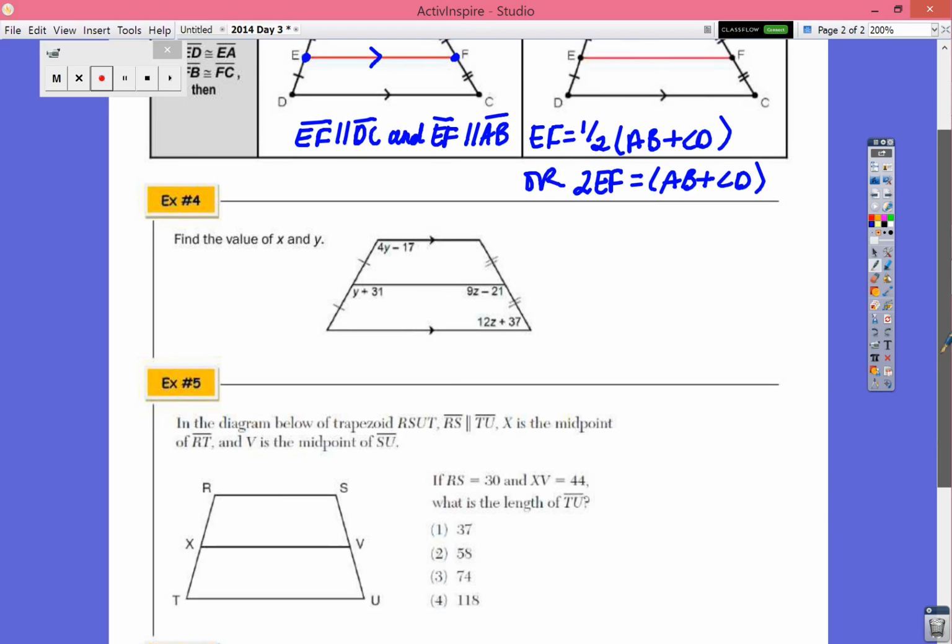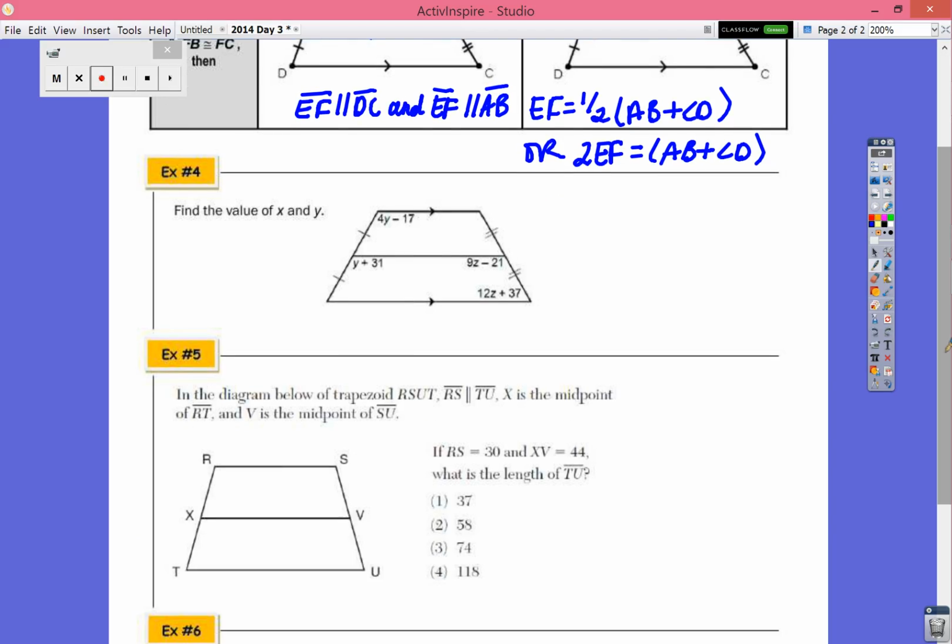We have to find both the value of y and z, which are within algebraic expressions that have to do with the angles. Again, given that we have a mid-segment, this is also parallel to both of the bases. So these two angles here are corresponding angles, and then these two on this side are same side interior angles, so they are supplementary.